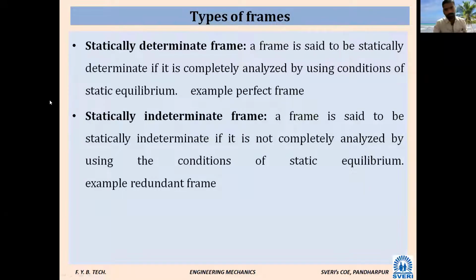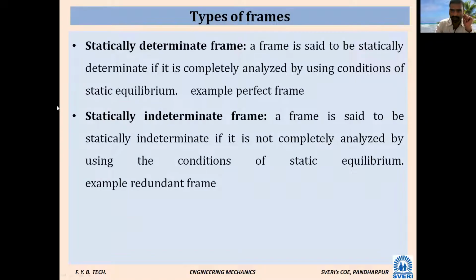I have told in the last class, in the last chapter, there are two types of beams: one is determinate beam and the other is indeterminate beam. Can you tell me what is determinate beam? So what are unknowns? Support reactions are unknowns.